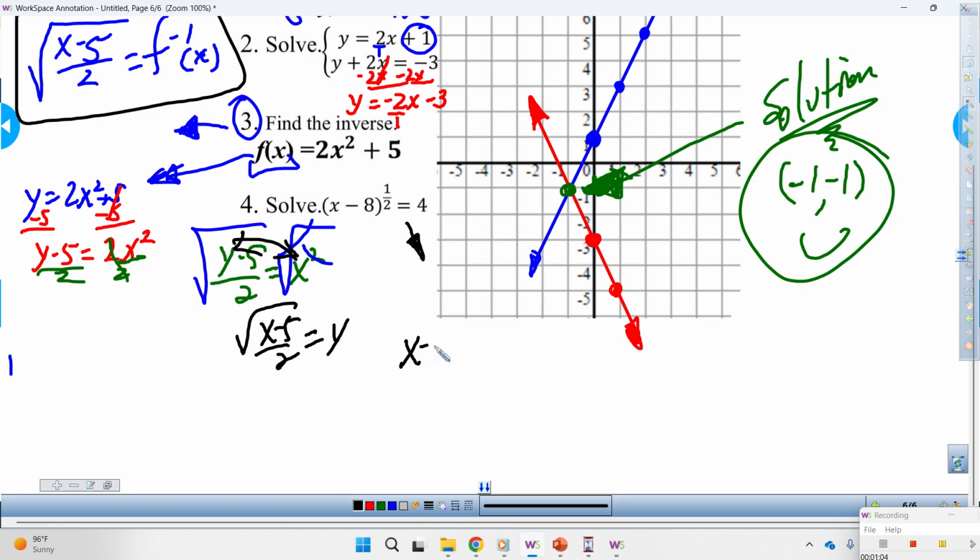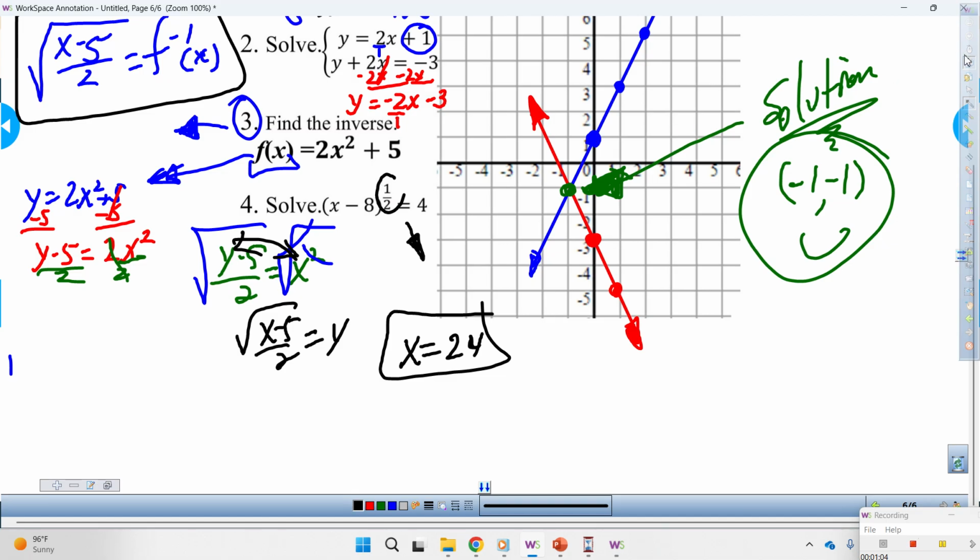Julian, x equals what? Pass it to someone. Autumn. 24. Hands, we got 24. That is correct. And remember, the square root, the 1/2 power becomes square roots. To cancel that, you square each side, and so on and so forth.